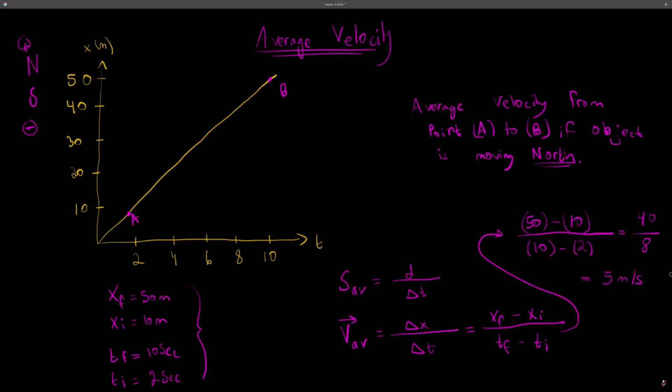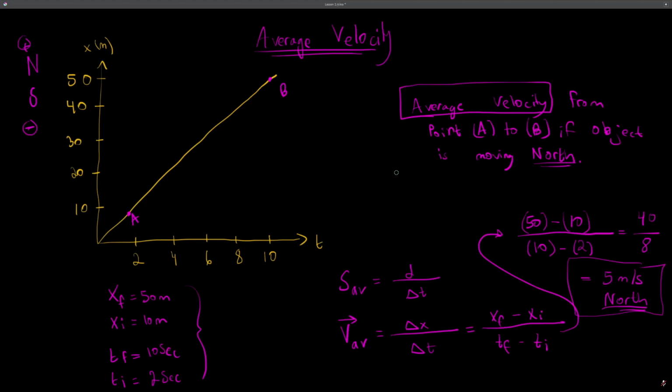Now, are we done here? No, because the question asked for the average velocity, meaning that we need to calculate the direction as well. So the average velocity requires direction, so we can specify north. So 5 meters per second north. We need to specify the direction, or else the answer is incorrect. Now, that is the average velocity.